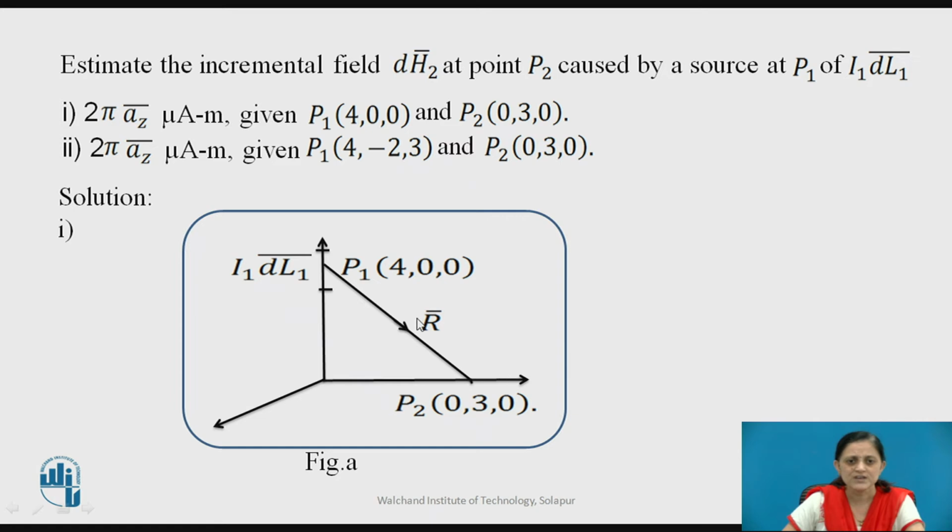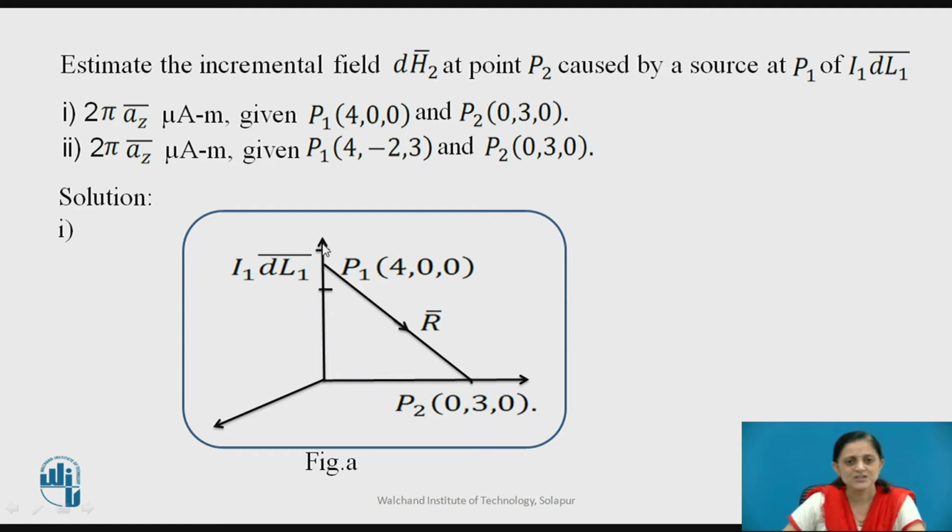Now you can connect P1 and P2. The connection between these two points forms a vector known as the R bar vector. Our aim is to calculate the incremental field at point P2, and therefore the arrow of this vector points in the direction of the P2 point, that is (0, 3, 0).